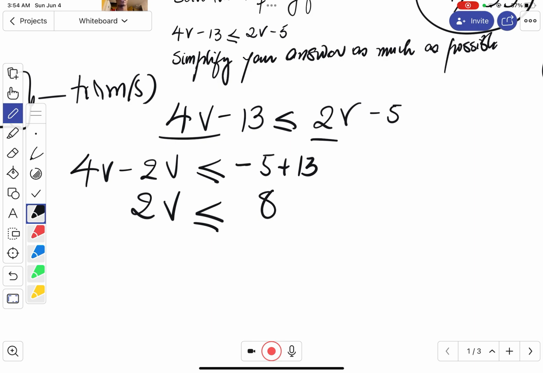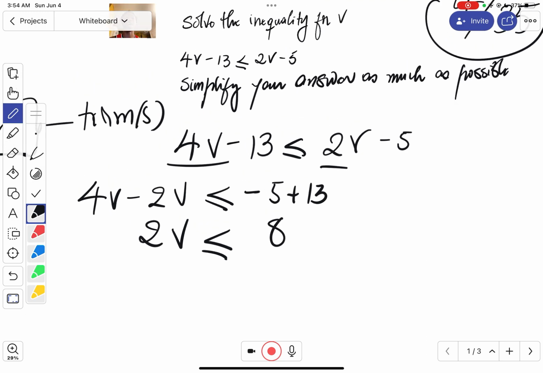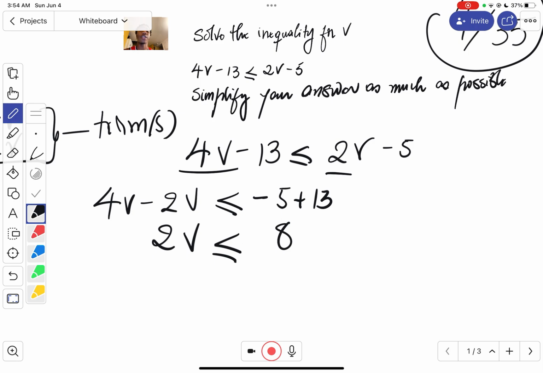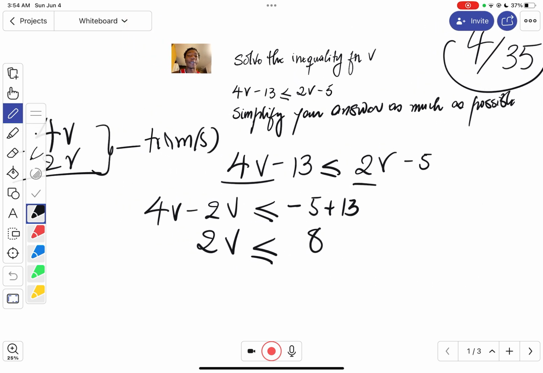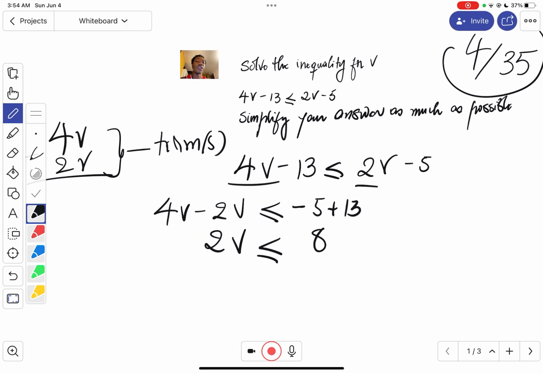The reason why it's 8, not negative 8, is that when we are doing addition and subtraction, the sign that you will keep is the sign of the greater number. The greater number right now is the 13, which is positive 13.